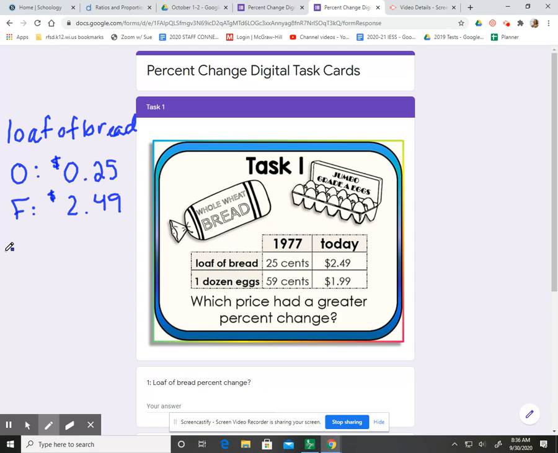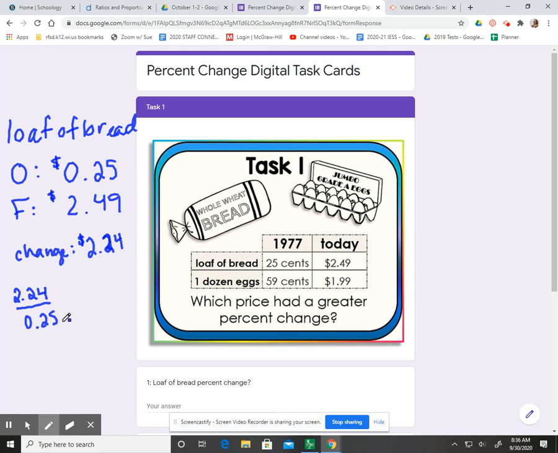Sorry guys, things get a little wonky on me. So my change is $2.24. What that means is that the price of a loaf of bread increased by $2.24 from 77 to today.